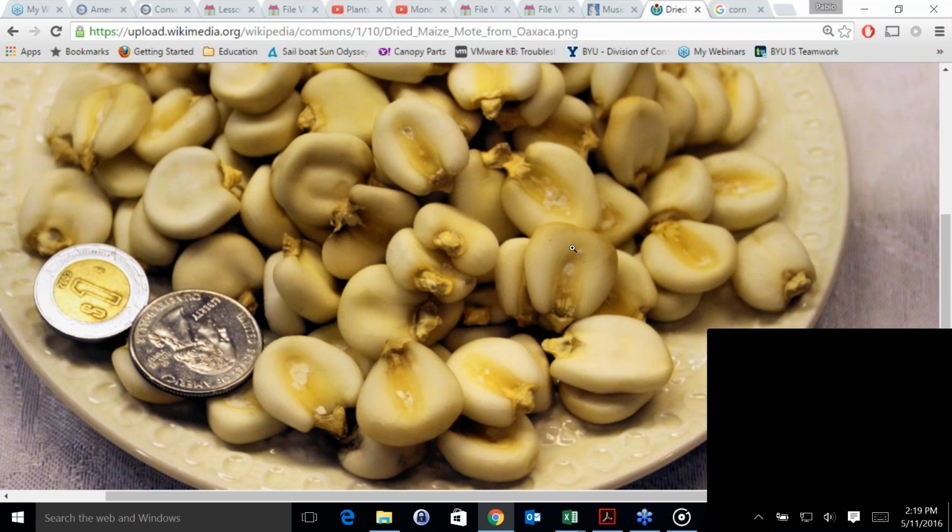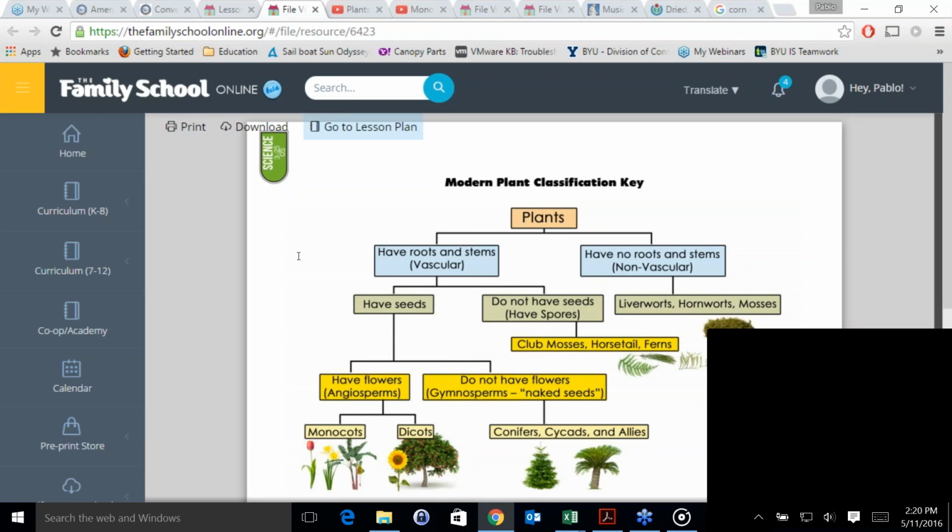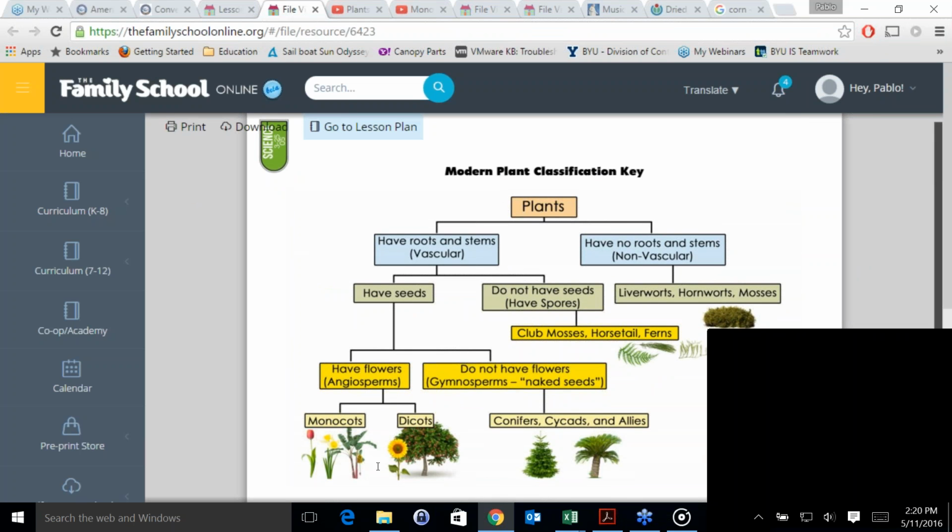And as you can see, there's no break in half. You cannot split it.